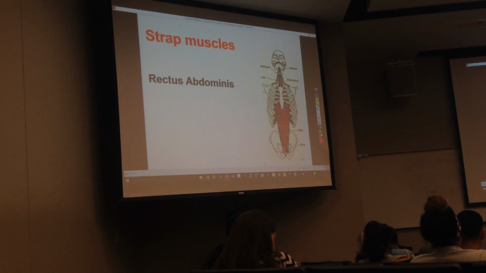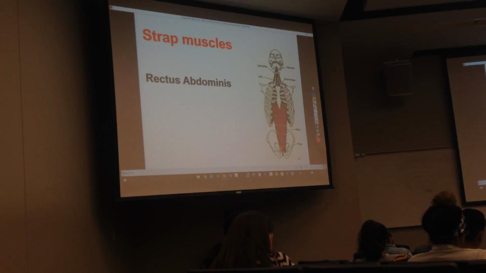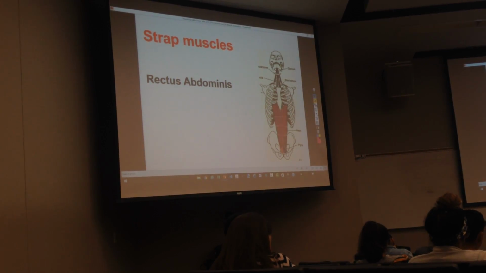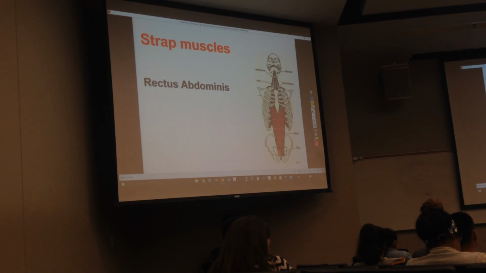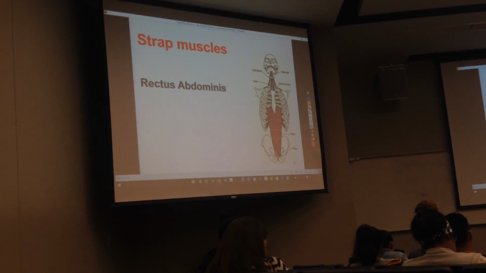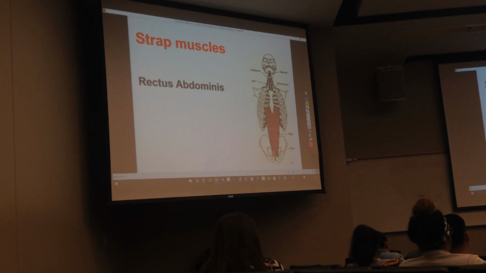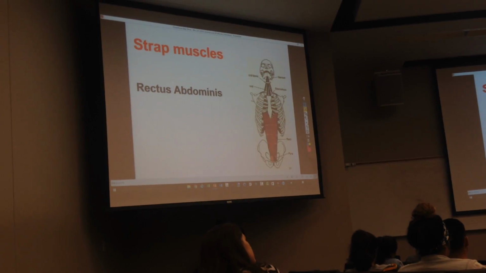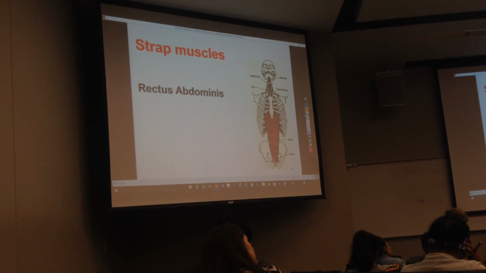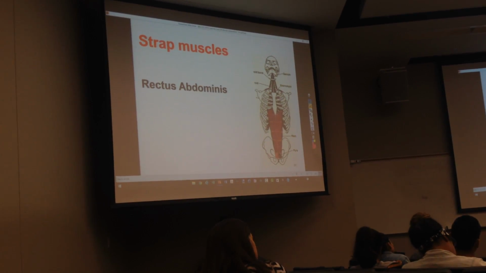So rectus abdominis is not one muscle. It's actually a pair of muscles, one on the left, one on the right. Okay? So for this, you're just going to name these. After we deal with the rectus abdominis, you're going to name them for their origin and their insertion. This one is actually named for its appearance, because rectus just means straight. This is the straight muscle of the abdomen, because it's going straight up and down. Okay?